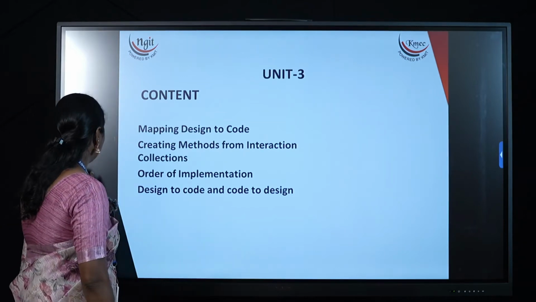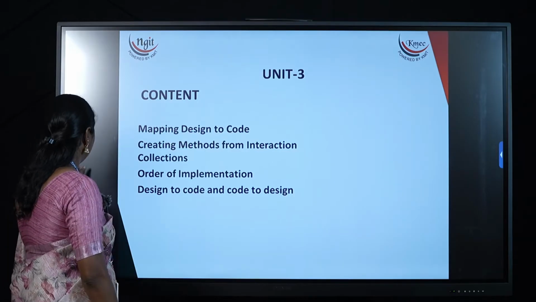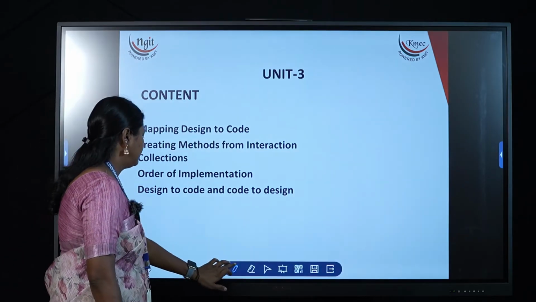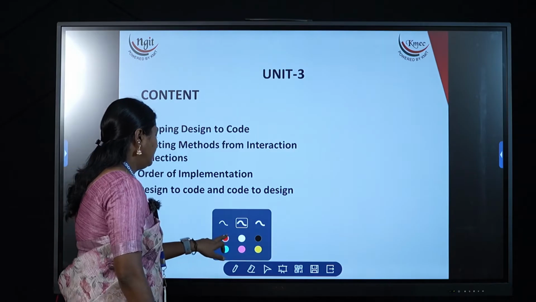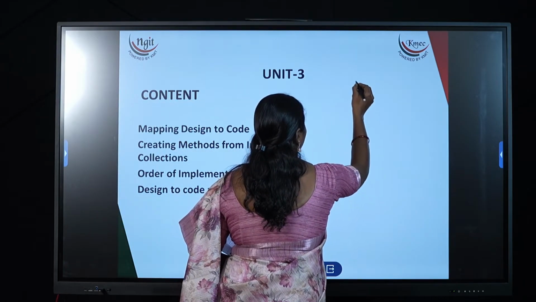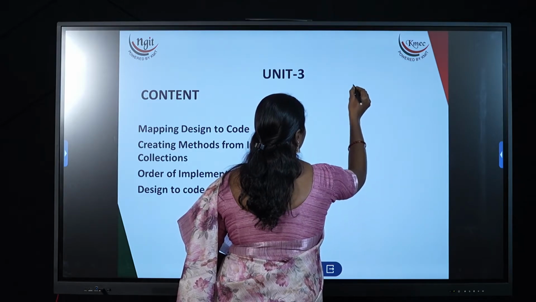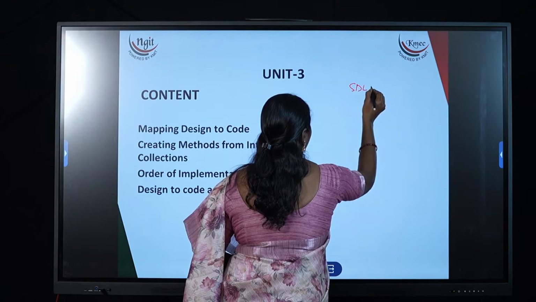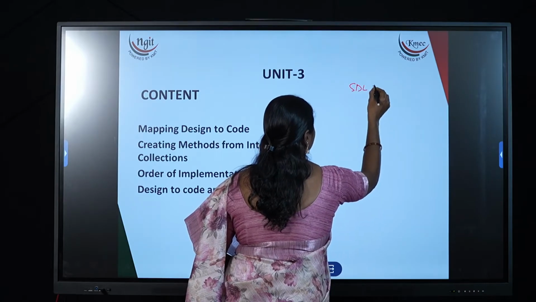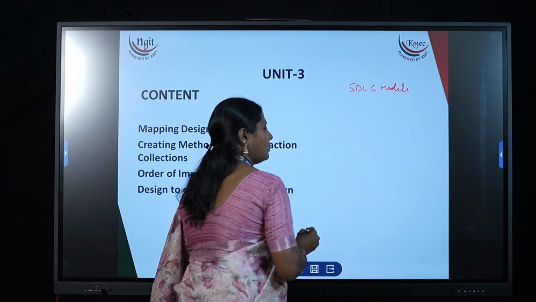Before going to this topic, we need to understand the stages of the software development life cycle model. As we know, the software development life cycle model consists of stages.